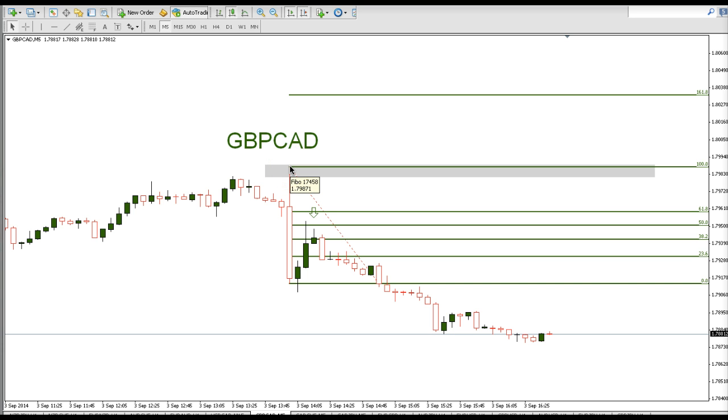So that's 179.85, and that would have been approximately about 40 pip stop loss on this trade. Initial reaction, retracement, take your trade, put your stop loss 10 pips above the swing high, and stay in that trade for a minimum of 2 hours. And on this pair you would have made about 75, 77 pips.